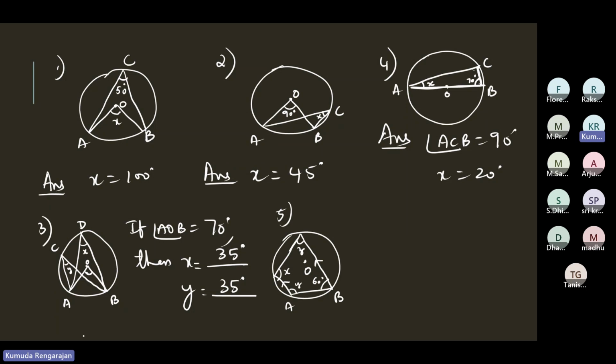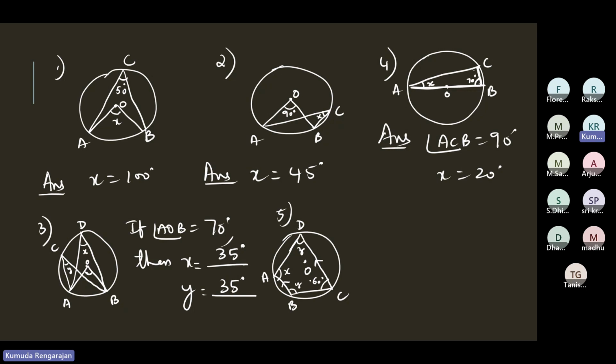Very good. Yes. So let me mark ABCD. ABCD is a cyclic quadrilateral, because you can see that the vertices A, B, C, and D lie on the circumference of the circle.